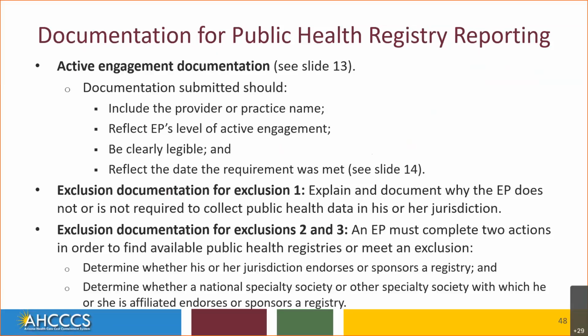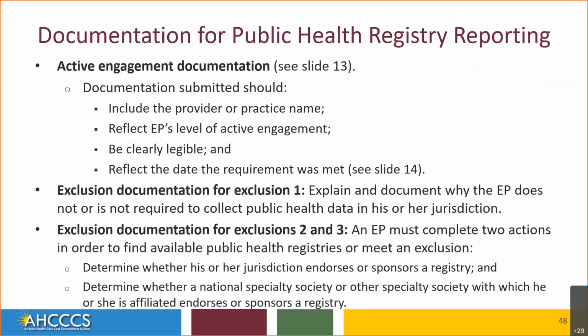The documentation for exclusions 2 and 3: an EP must complete 2 actions in order to find available public health registries. So an EP can't just say, oh, I don't think I have any public health registry that I meet, I can't submit data, there are no registries for me to submit data to. You need to be able to document why, and you need to follow these 2 steps to make sure.